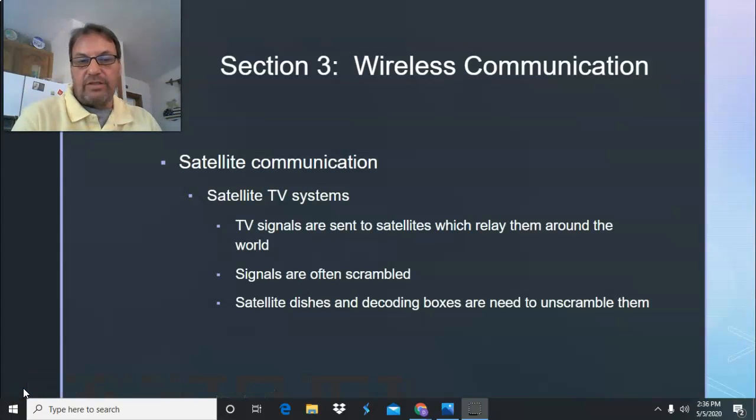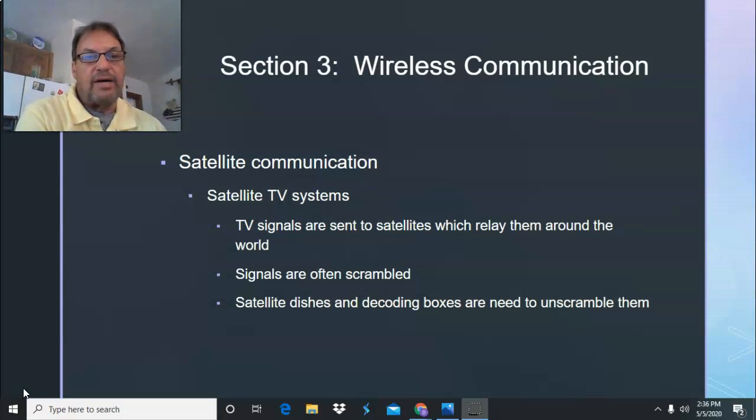Okay, many of us watch TV, and we have a satellite that is sending the TV signals to us, especially during this time. But these signals are being sent to satellites, which relay them around the world. And these signals are often scrambled, and we wonder, well, why can I get this station or I can't get the other one? And so you have to have a subscription, and then they will decode that box for you.